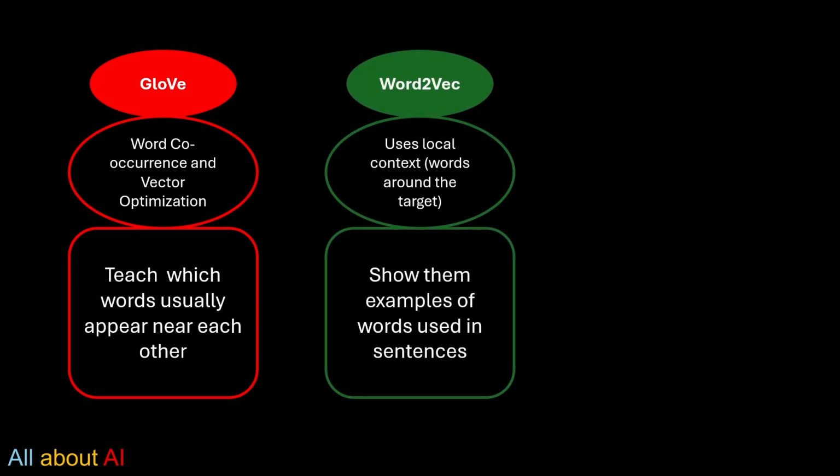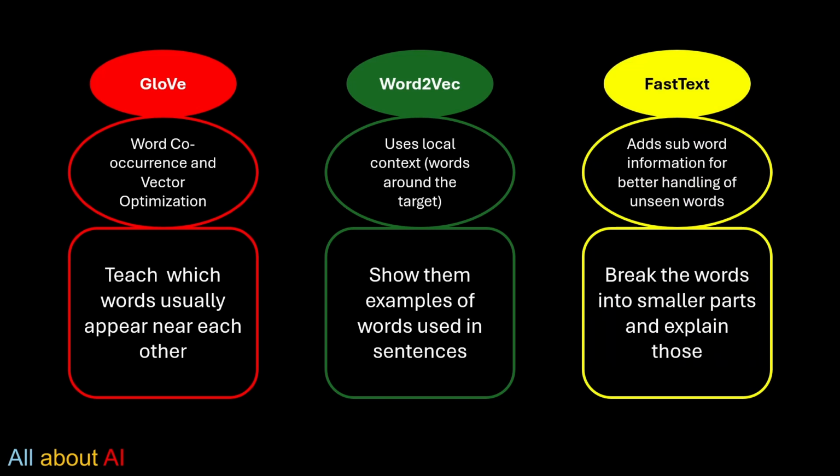The next well-known word embedding is word2vec. In this case, we show the machine examples of words used in sentences. It uses local context, words around the target, and there are 2 flavors of word2vec algorithms, and we will go through both of them.